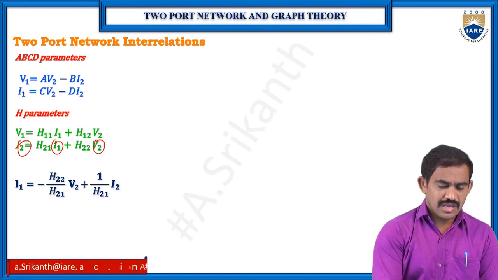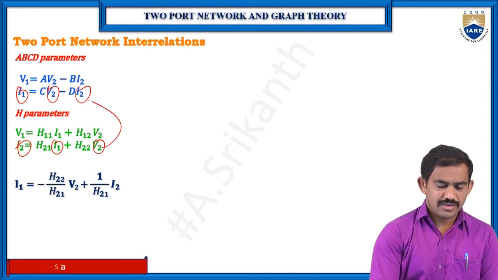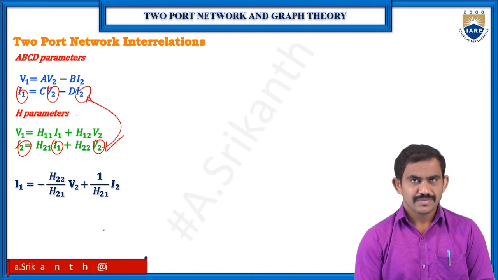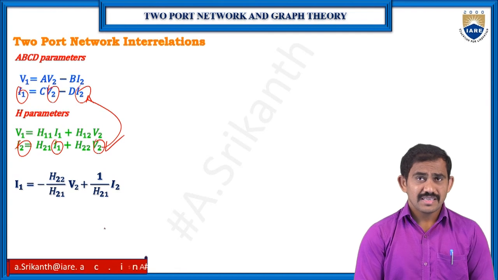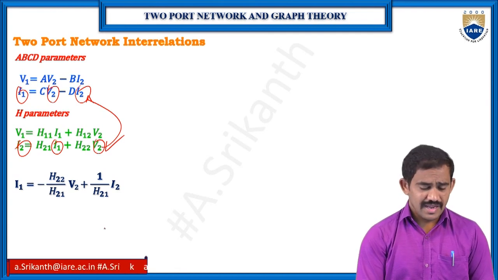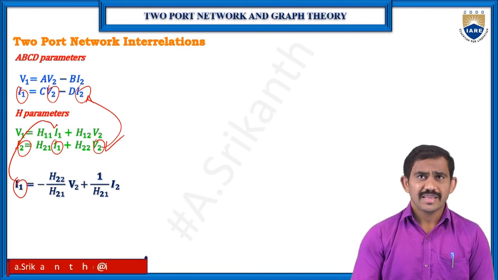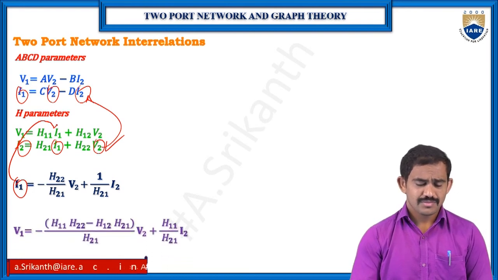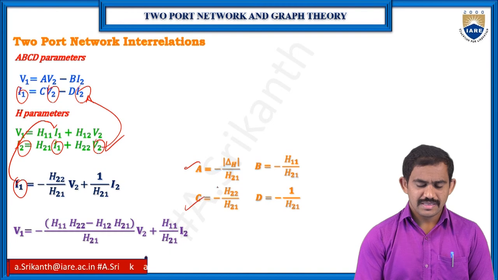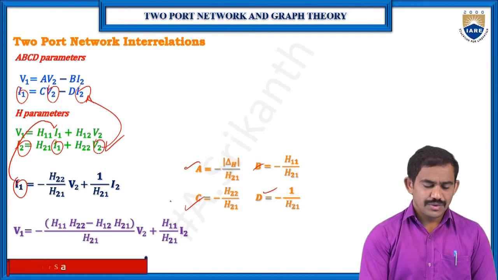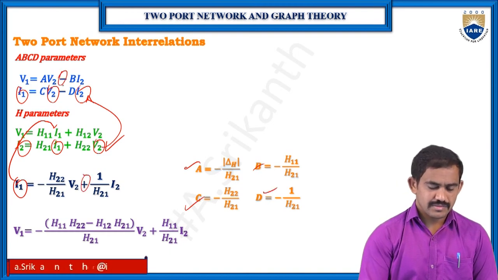Same thing, I want I1 value, V2 value, I2 value. Then compare two equations, we'll get C, D values. Same thing, your I1 value substitute in this equation, we'll get the remaining A, B values. So these are A, B, C, D. And just remember, don't forget this minus.